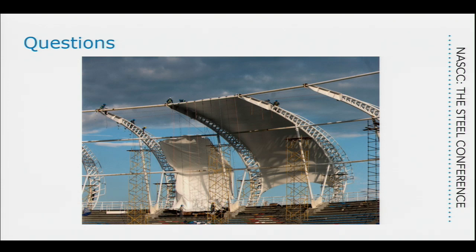Because when we analyze these, we're talking theory of large deformations. When we analyze a steel structure, we assume that the original geometry is very close to the deformed geometry. That's not the case in membrane structures. They deform a lot. Deflections of 6, 8, 12 inches is very common.